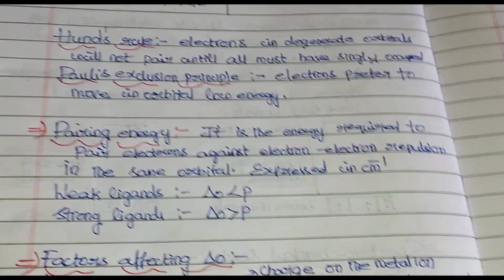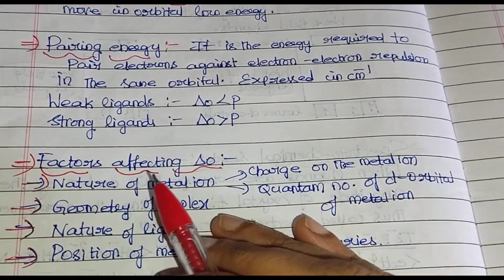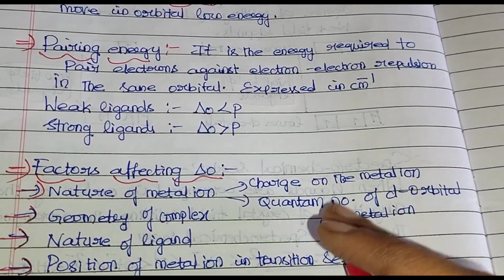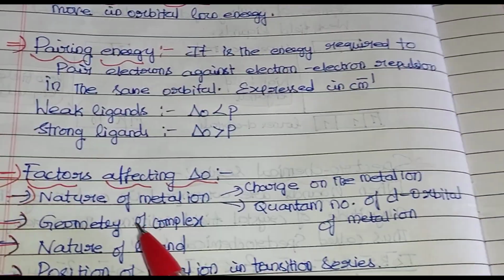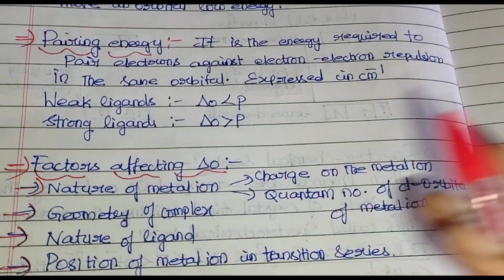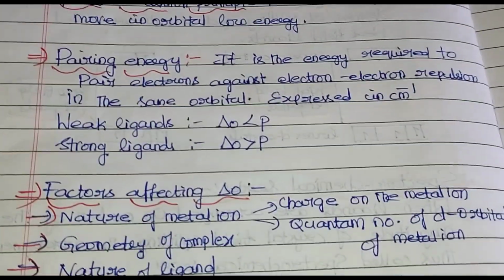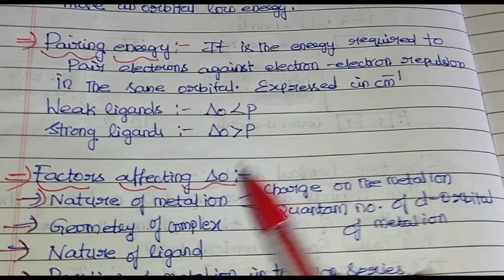So what are the factors affecting this delta 0, the crystal field energy? The nature of the metal ion, the charge on it, and also the quantum number like 3d, 4d, 5d, whatever it is. And the complex geometry is important. Octahedral is different, we know. Tetrahedral, square planar, the geometry is different, and delta 0 changes accordingly.